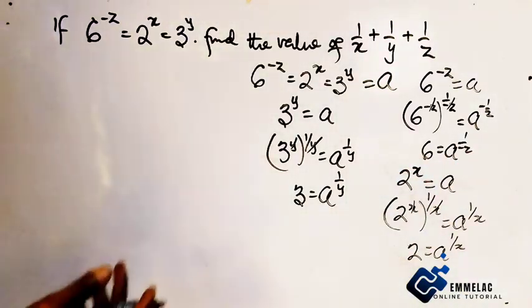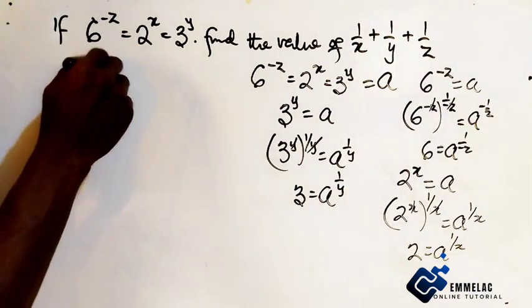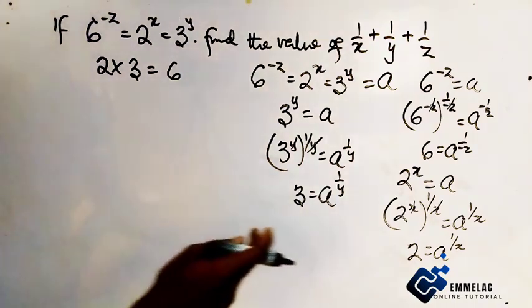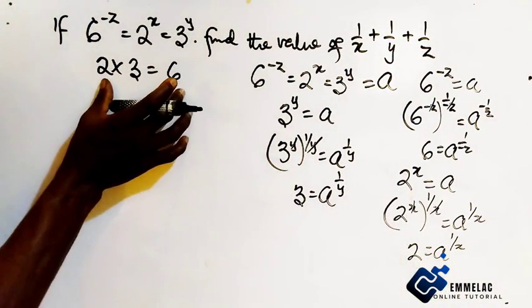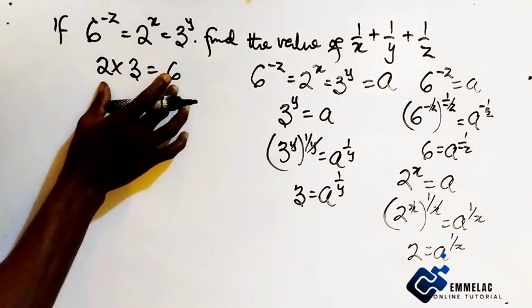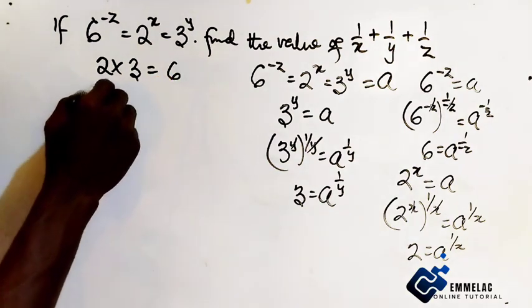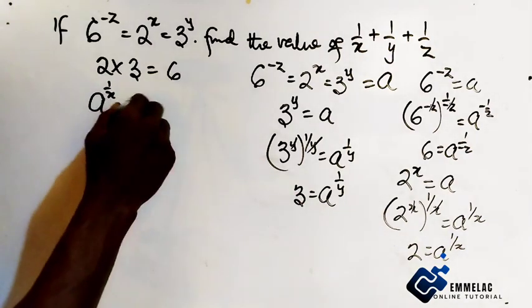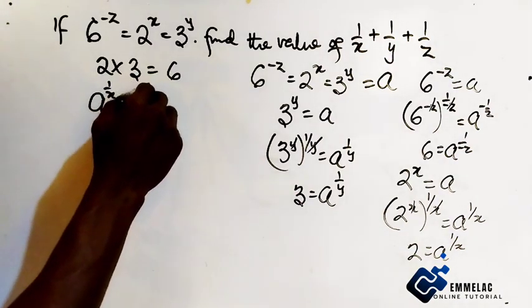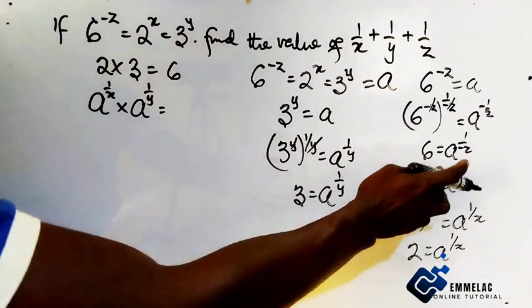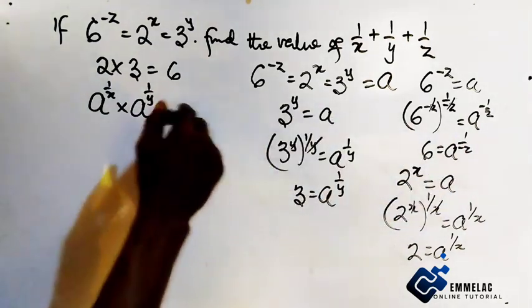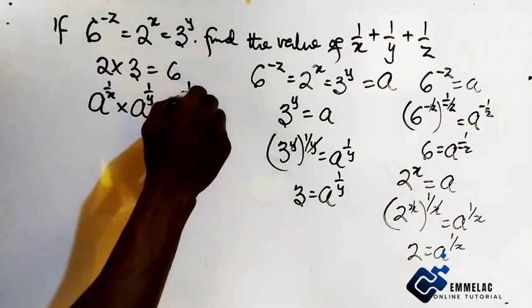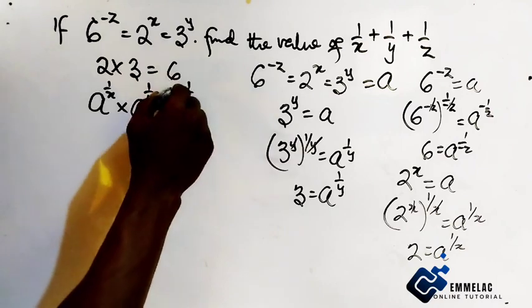Now we know that 3 times 2 equals 6, right? Using this expression here, we have a raised to the power 1 over x, times our 3, a raised to the power 1 over y, equals our 6, which is a raised to the power 1 over minus z.